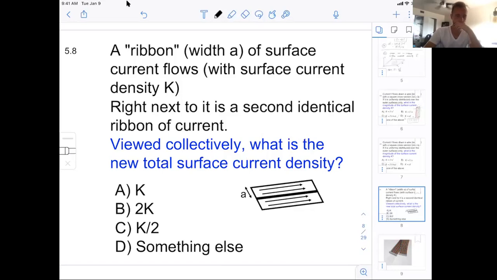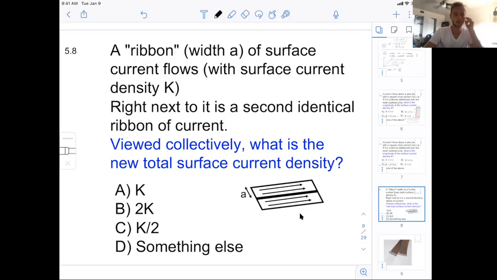All right, I'll wait for another 10 seconds and then we can take a look. Any last minute vote?